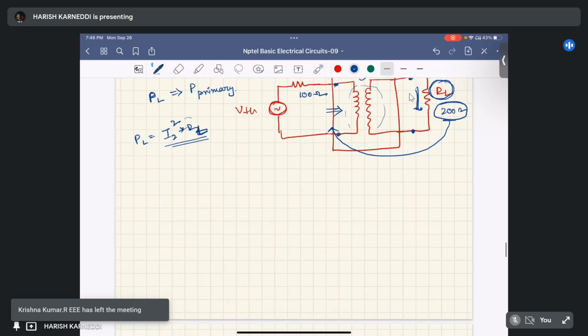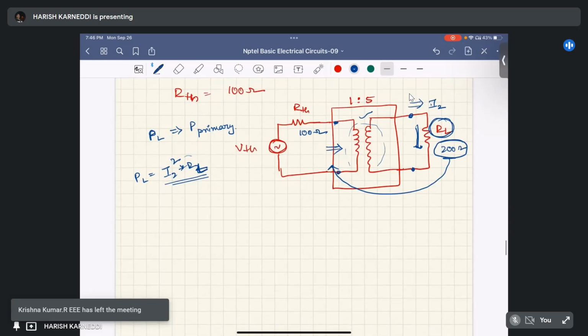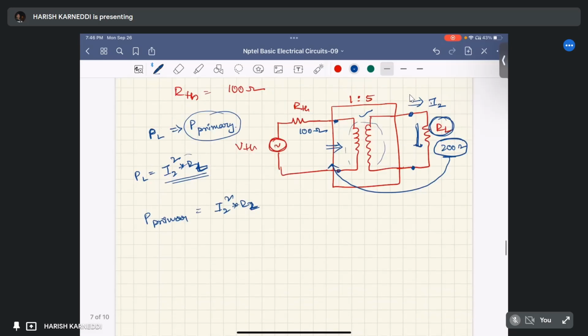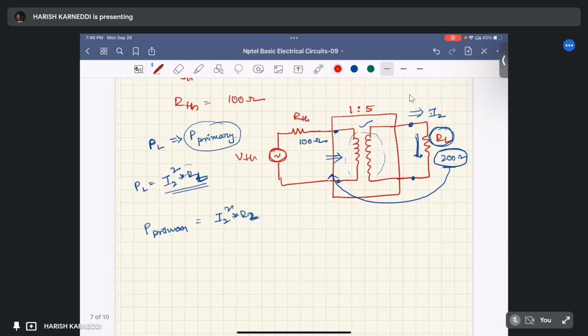The same power is delivered to the primary, right? So the primary power P primary is equal to I2 square into R2, right? What is the current here?